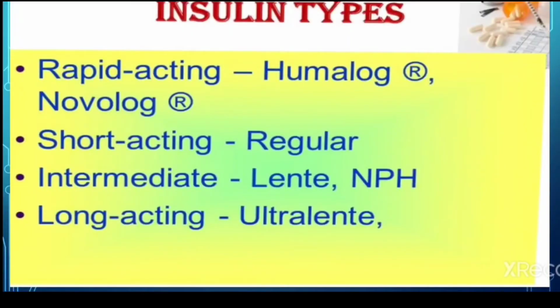The different types of insulin are rapid acting insulin like Humalog and Novolog, which are available in the market, short acting insulin like regular, intermediate insulin like Lenti and NPH, and long acting insulin, which is ultra Lenti.